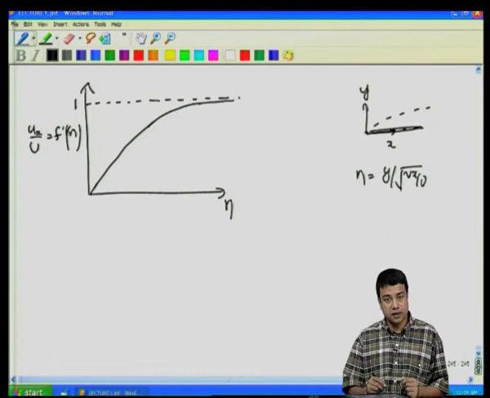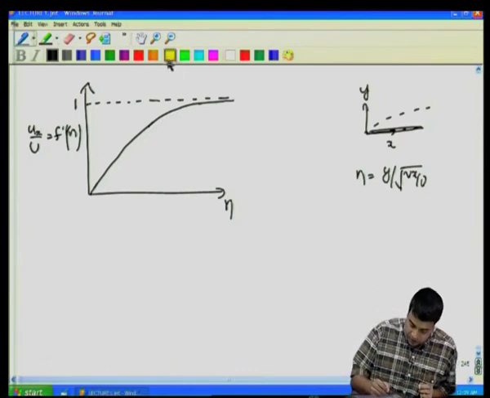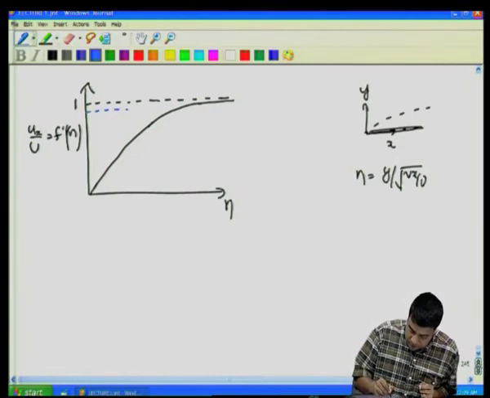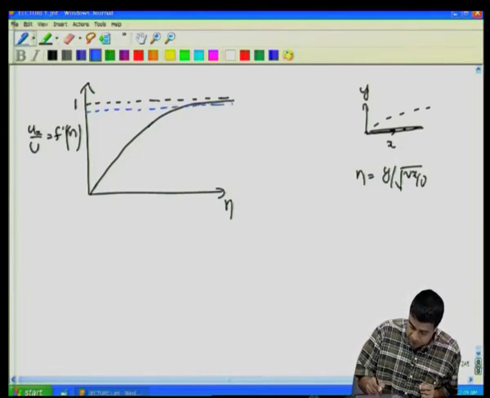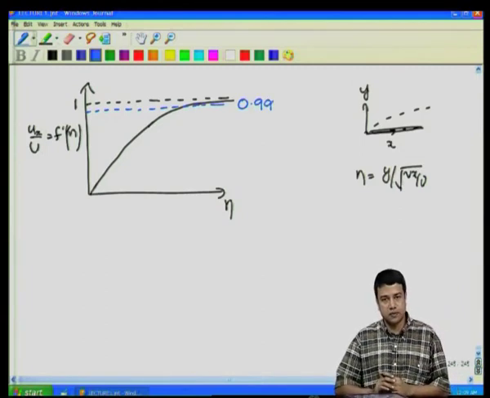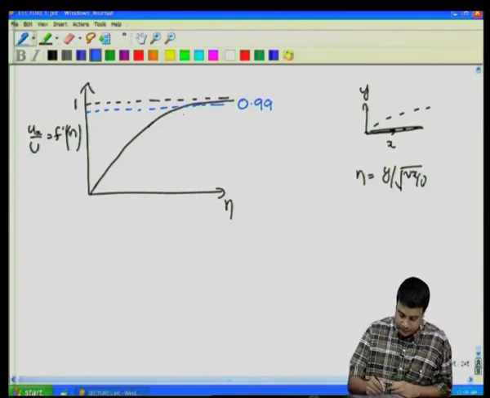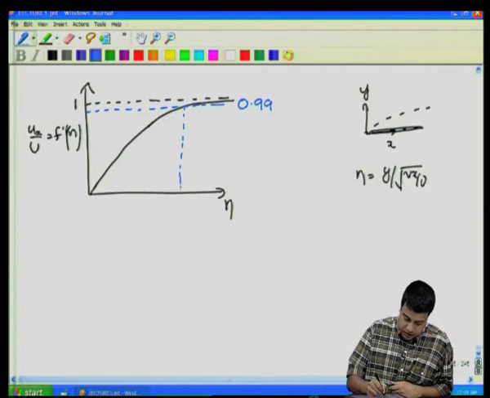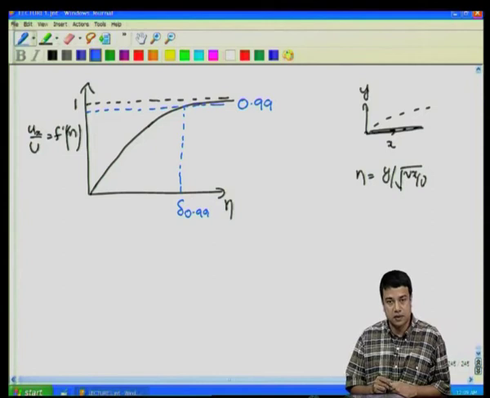The boundary layer thickness delta 0.99 is the location at which you attain 99% of the free stream velocity. That is, the velocity here is equal to 0.99, u x by u is equal to 0.99. That is what is often referred to as delta 99, the boundary layer thickness delta 99.